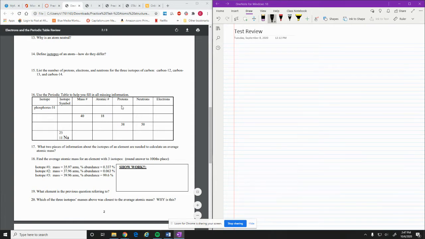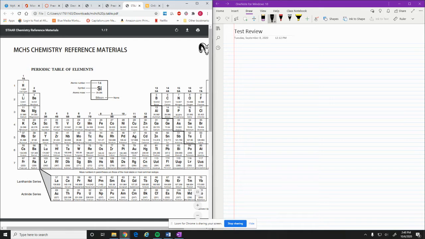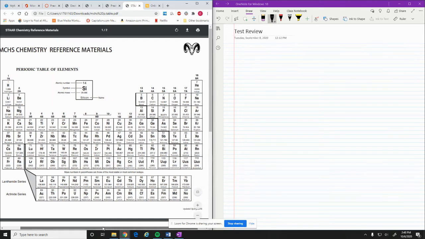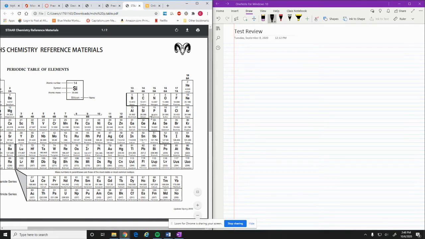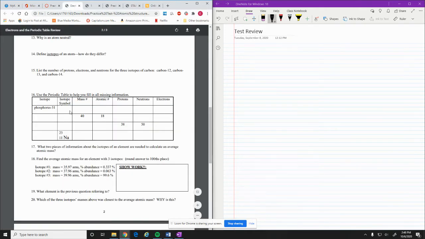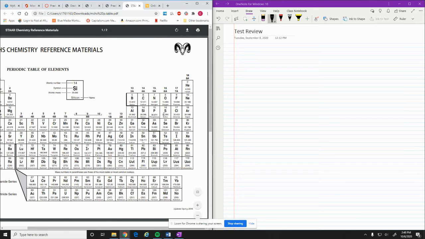I'm going to do these first two rows, okay? So for phosphorus 31, I want to find phosphorus on the periodic table. I already know that phosphorus is right here, and 15 is the proton number. 30.9, again, I'm going to go off what this says. So the isotope symbol is just, what's the element symbol? P for phosphorus.